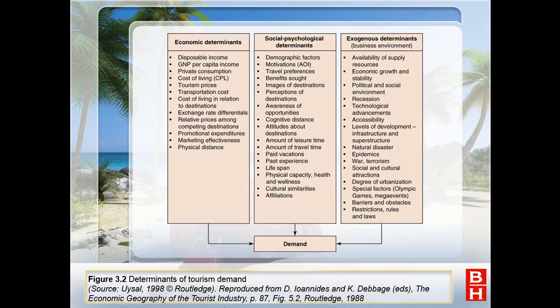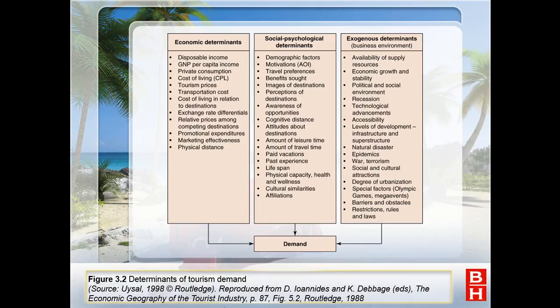These are your own social and psychological determinants. Do you have a lot of paid vacation in the first place? What is your attitude about the destination? What is your attitude about Europe? Are you attracted to Europe as a whole, as a continent, or not really? How do you perceive Asia or Africa? That will motivate you to go or not.